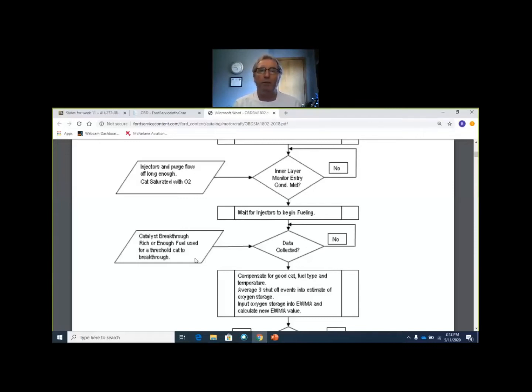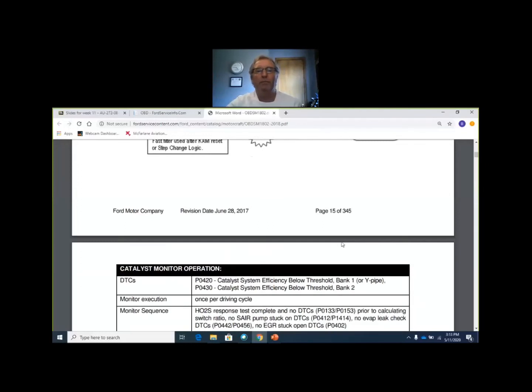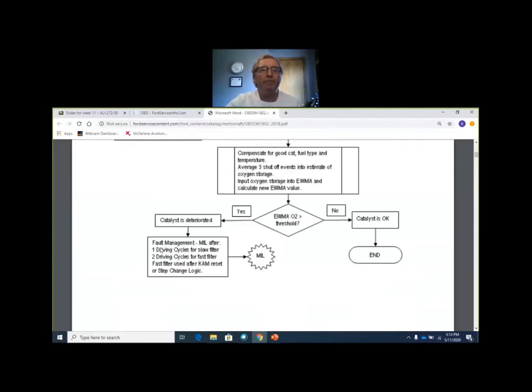If it happens too quickly, too easily, that means our catalytic converter did not store very much oxygen and it's deteriorated.